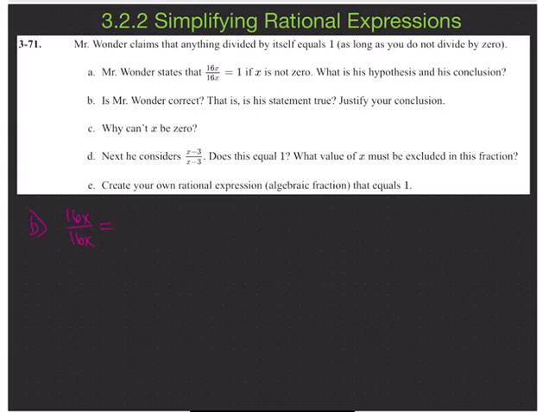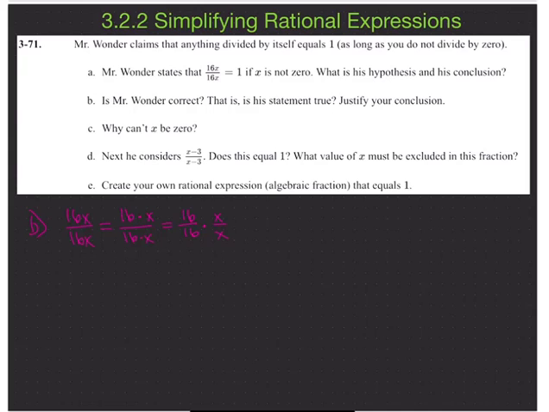Technically 16x is the same thing as 16 times x over 16 times x. And I could break it down even further and do 16 over 16 as one fraction times the fraction x over x.